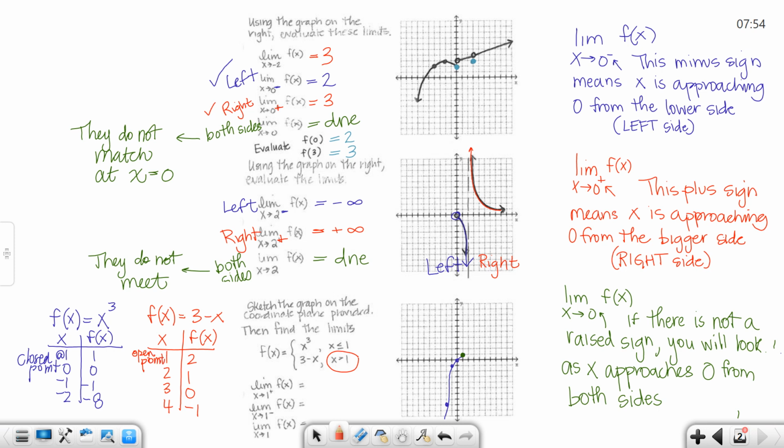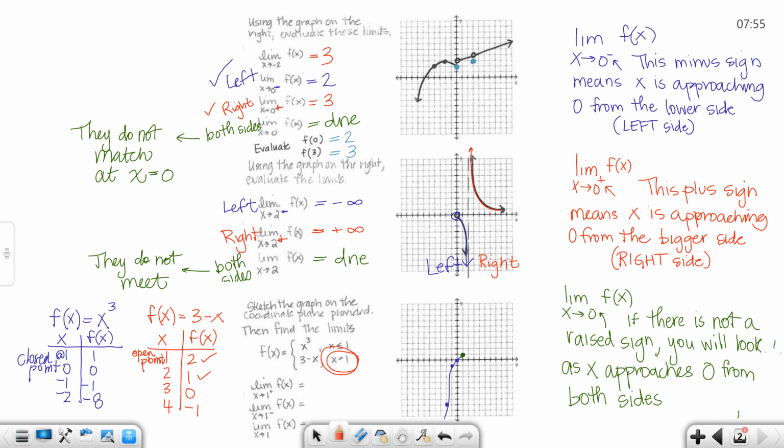So at 1, 2, we'll also pick values greater than 1. For this one, I would pick 1, which would be an open point since x can't equal 1 here. Then you'd pick 2 and 3 and 4 because those are all numbers bigger than 1. When we plug that in, 3 minus 1 would give me 2, 3 minus 2 would give me 1, and that's how we would plug those in.